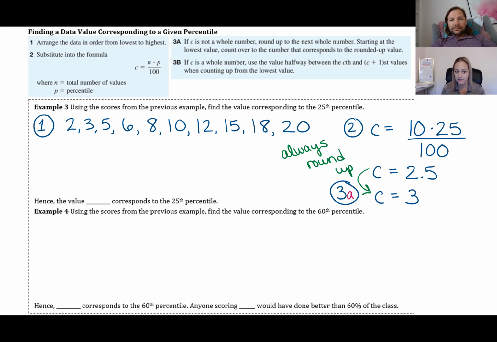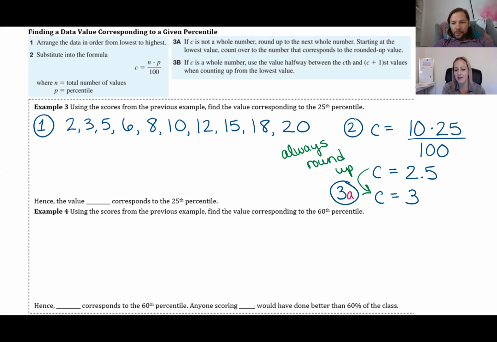Now, I'm specifically stating here that you always round up, and that's because even if C came out to be like 2.1 or 2.2, you would still round it up to 3. So it's not a normal rounding rule. It's always round up. For any decimal part, you would go up to the next whole number.